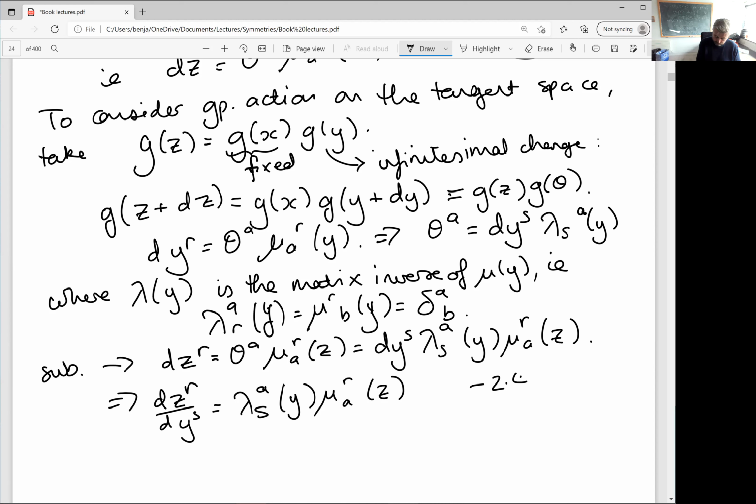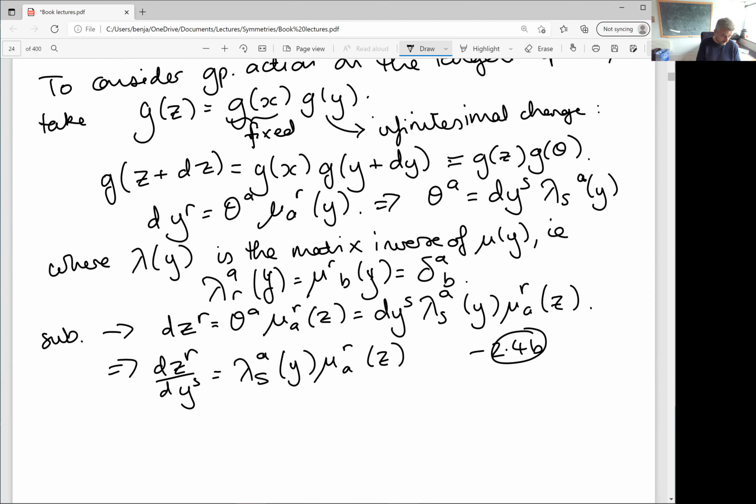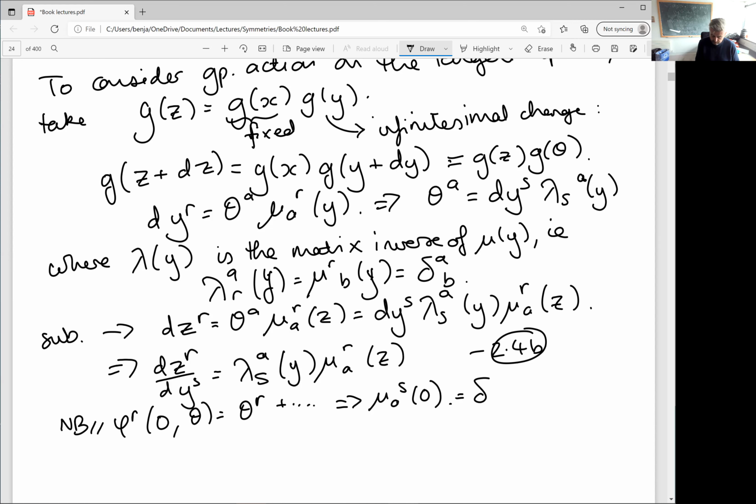I'm going to call this 2.4b. Note here that φ^r(0, θ) is θ^r plus some higher order terms. This implies that μ at 0 is going to be the Kronecker delta plus some higher order terms.